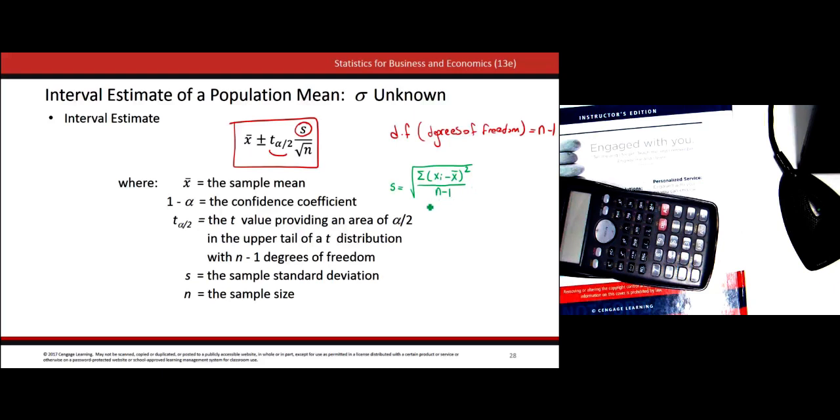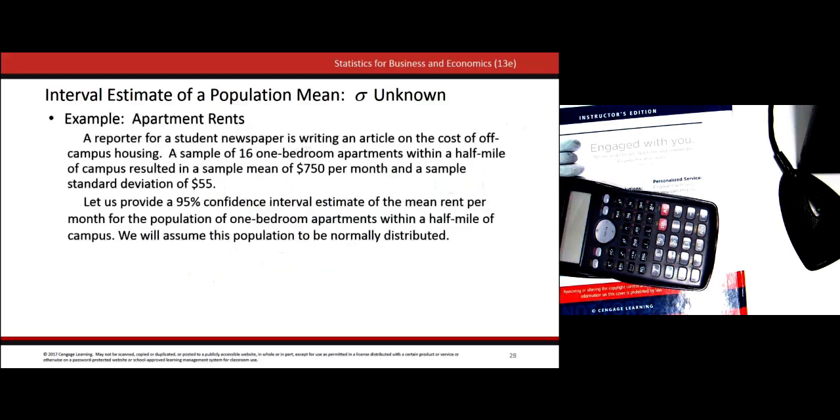In the t distribution, the assumption is that the population is normally distributed.